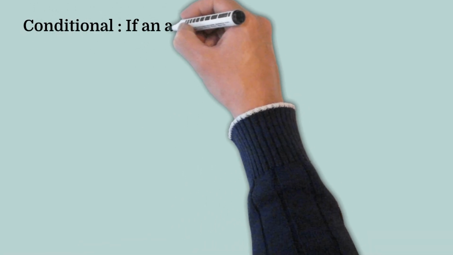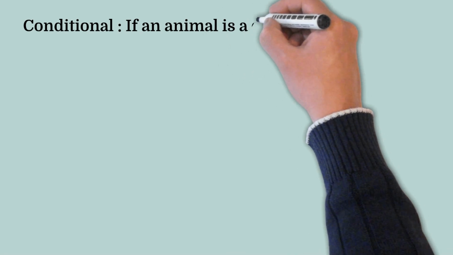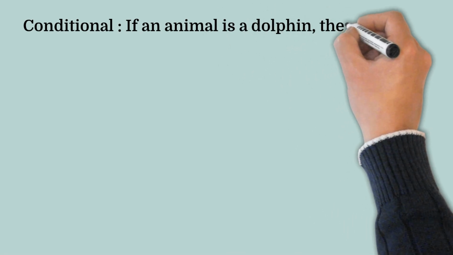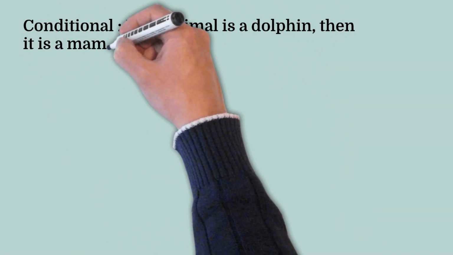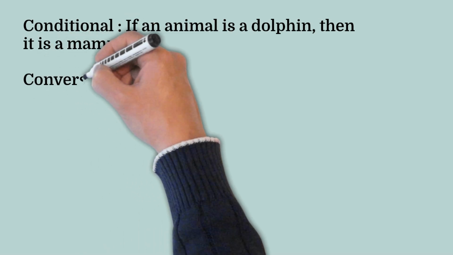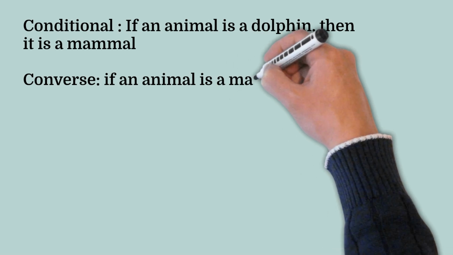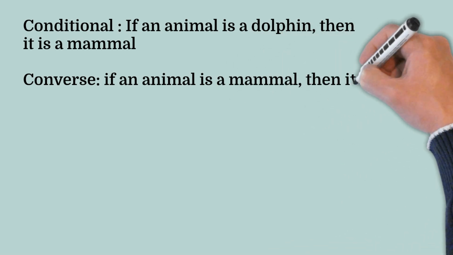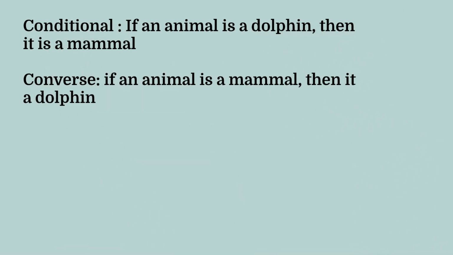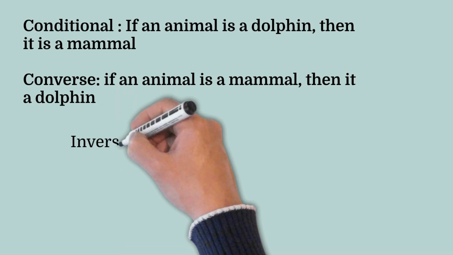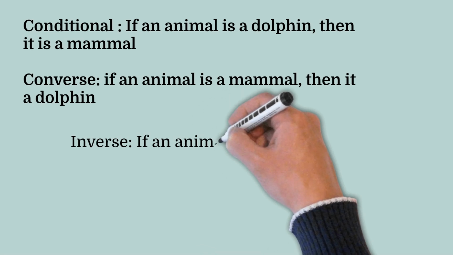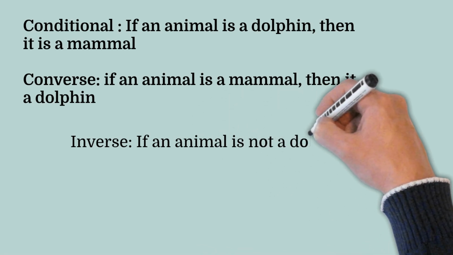So a conditional statement, if an animal is a dolphin, just like we did previously, then it is a mammal. The converse is, if an animal is a mammal, then it is a dolphin. The inverse will be, if an animal is not a dolphin, then it is not a mammal. The contrapositive will be, if an animal is not a mammal, then it is not a dolphin.